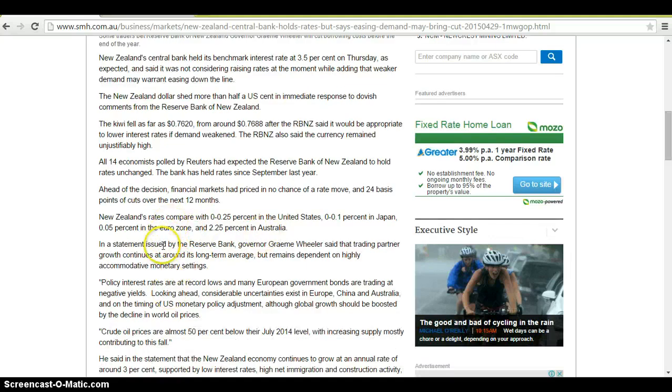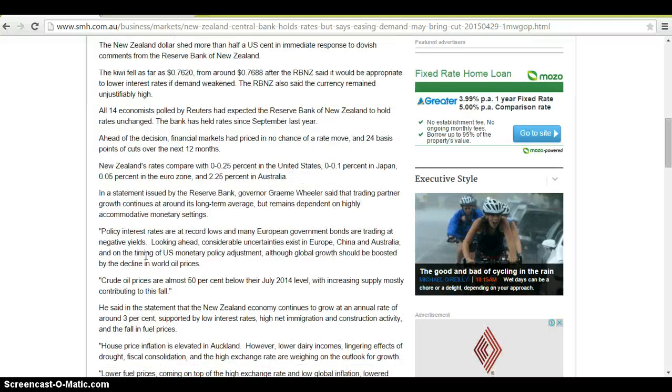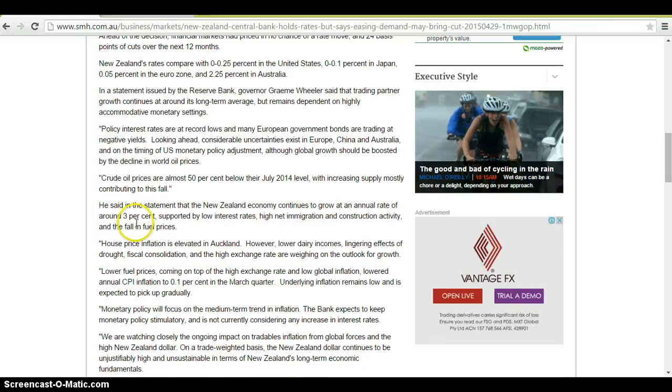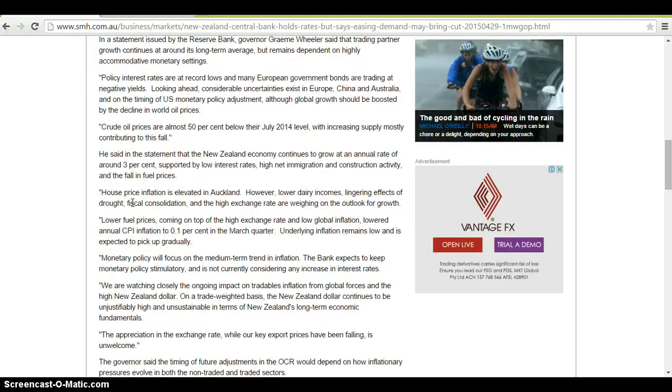Okay, Australia is actually the second highest yield to New Zealand. So if we keep going down, annual rate of around 3%. So it's continuing to grow, supported by low interest rates, high net immigration. So house price inflation is elevated in Auckland. Okay, so they're talking about pretty much the property market.